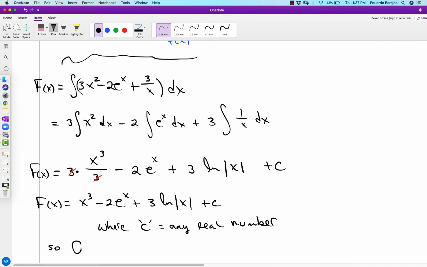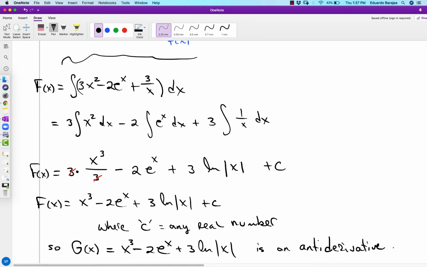In particular, capital G of x is equal to x cubed minus 2e to the x plus 3 ln of absolute value of x plus 0 is an antiderivative of f of x, our function.